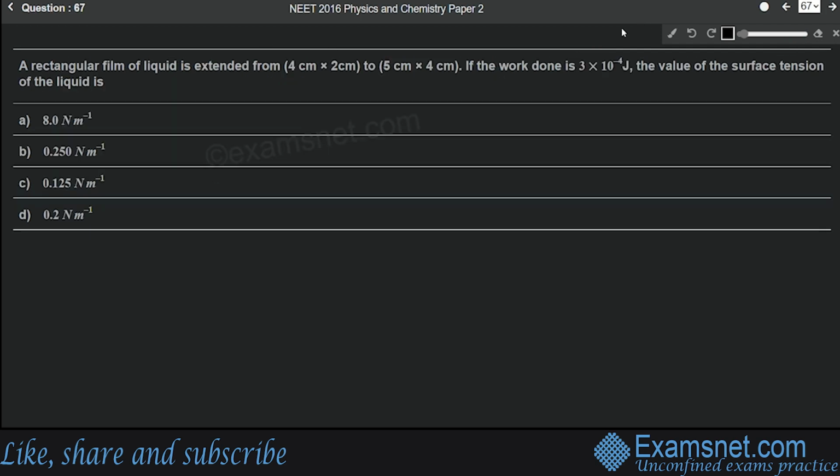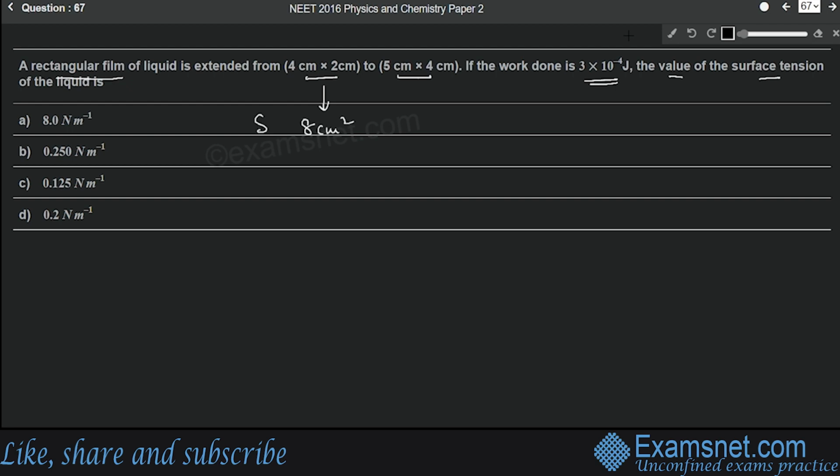Now question number 67 is from the chapter Mechanical Properties of Fluid, and the question is: a rectangular film of liquid is extended from 4 cm into 2 cm to 5 cm into 4 cm. If the work done is 3 into 10 to the power minus 4 joule, then the value of surface tension of the liquid is. Okay, so the initial surface area S1 is 4 cm into 2 cm, that is 8 cm square.